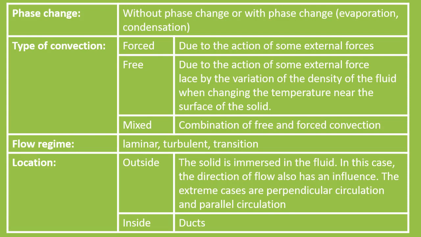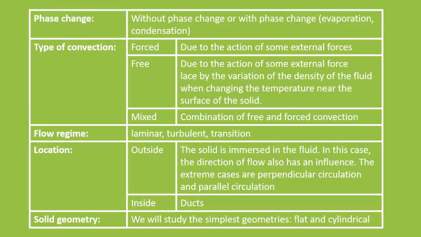If it is external, of the flow direction, for example parallel or perpendicular to the surface. And finally, it depends on the geometry of the solid. In this course, we will study forced convection without phase change, with turbulent regime inside ducts.